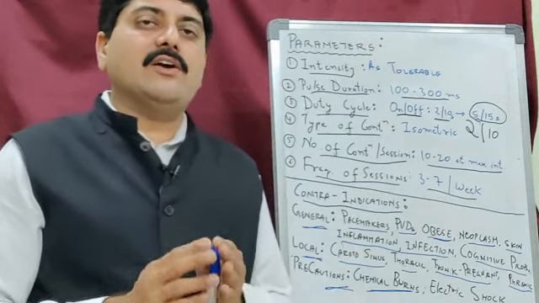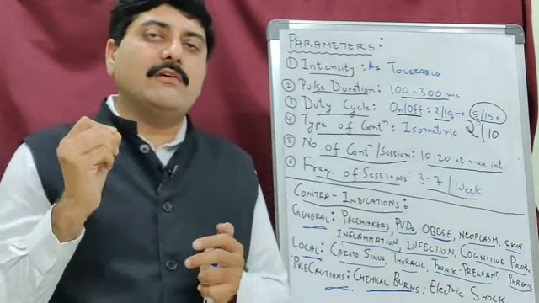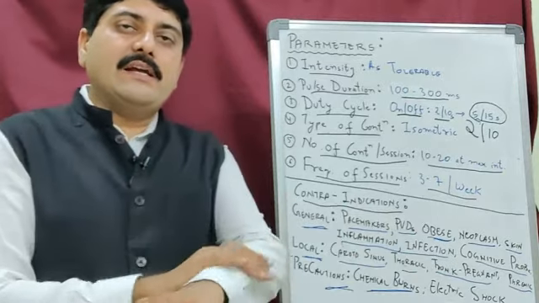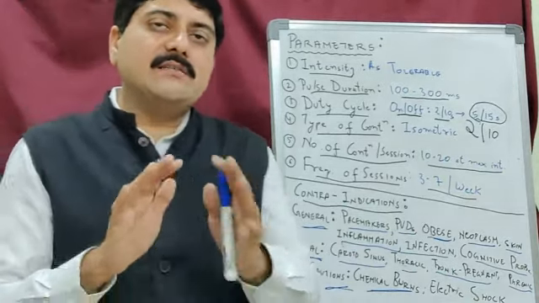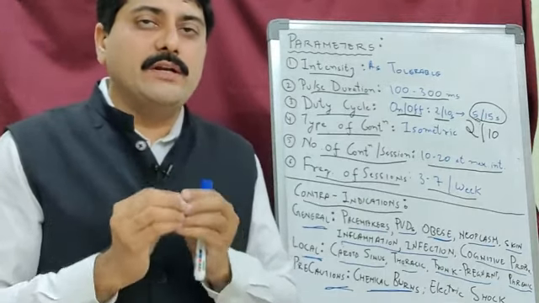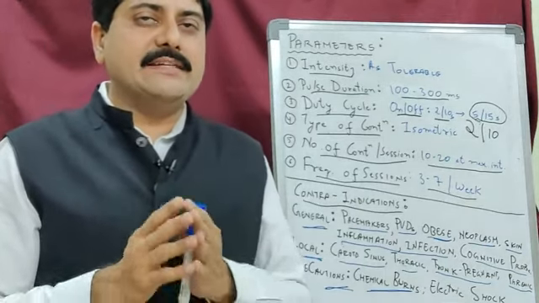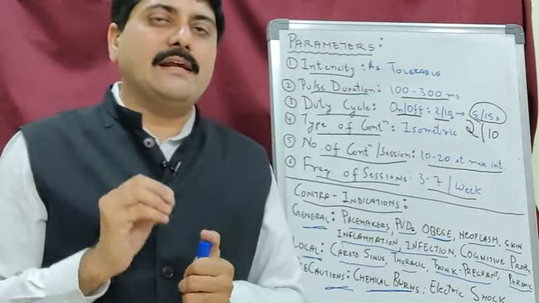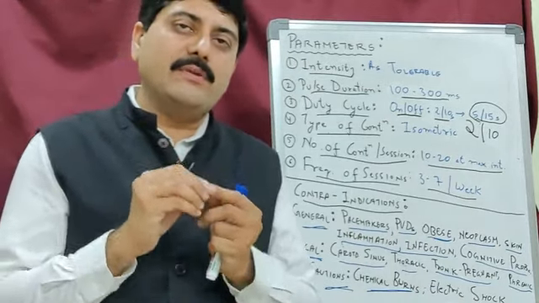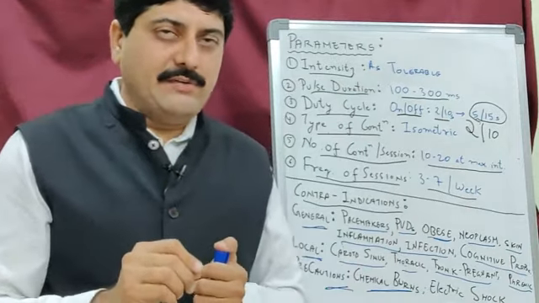Each time the electrode goes away from the patient's skin, the intensity should go off. Please take care that the skin is wet and completely hydrated, to reduce the resistance and avoid any chances of dry electrical burns that can be caused if the current is not transferring from the electrode to the skin effectively.